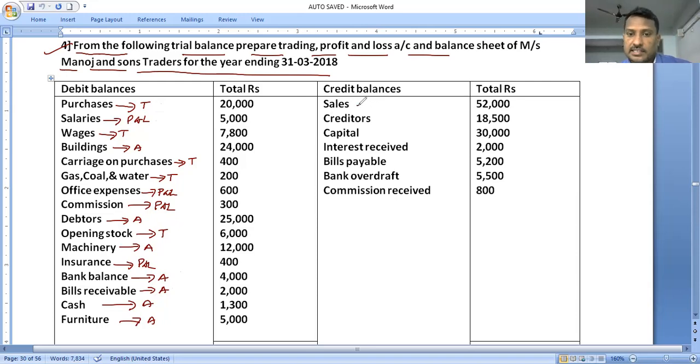On the credit balances, sales is income, part of the trading account. Creditors, liability. Capital, also liability. Interest received, profit and loss account. Bills payable, liability. Bank overdraft, liability. I think this is not a commission received. Just wait.